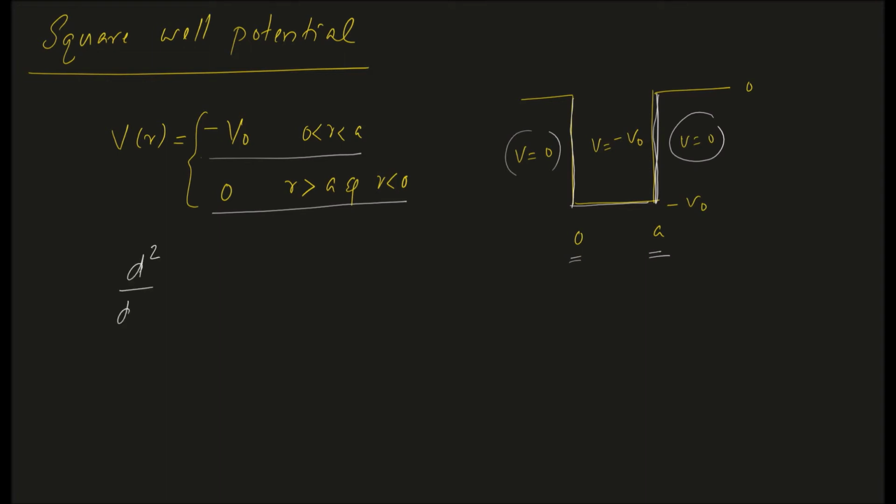We designate two regions here. We take the wave function in the potential well region as u1, and outside this region we take it as u2. So we can write the radial equation as d square by dr square u1 of r plus k1 square u1 of r equals 0, for r between 0 and a, within that limit.